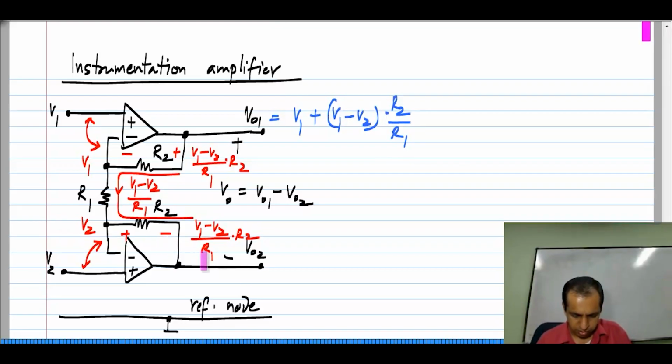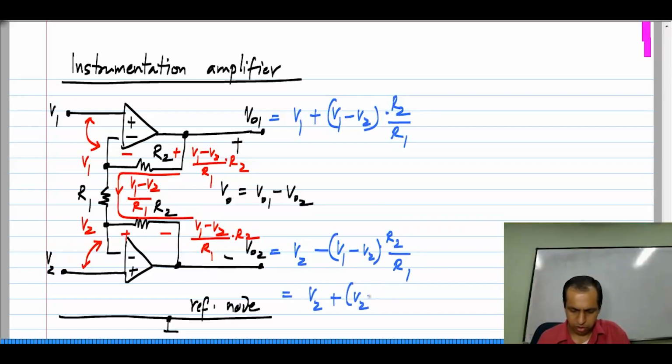Similarly, VO2 will be V2 minus the voltage drop across this lower R2. These two resistors have to be of the same value. VO2 would be V2 minus (V1 minus V2) times R2 by R1, which is also the same as V2 plus (V2 minus V1) times R2 by R1.